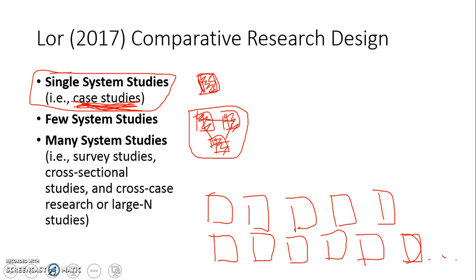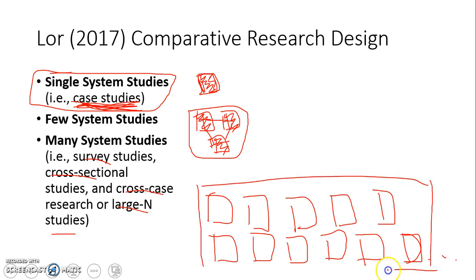This would be the large-scale studies, large-N studies, cross-case research, cross-sectional studies, large-scale assessments or LSAs. These are really the bread and butter of a lot of quantitative researchers in comparative and international education, and consist of TIMSS, PISA, PIRLS, and other large-scale data sets.